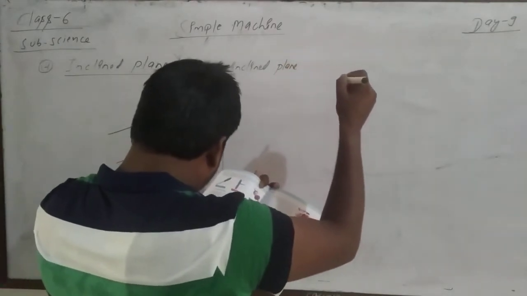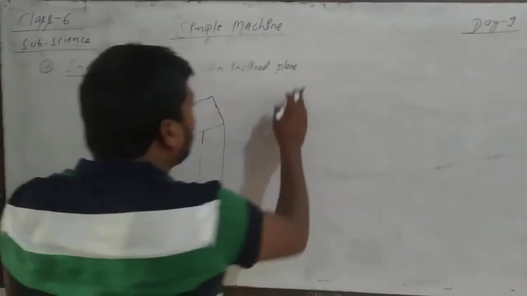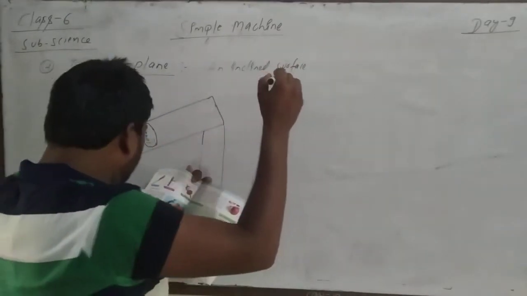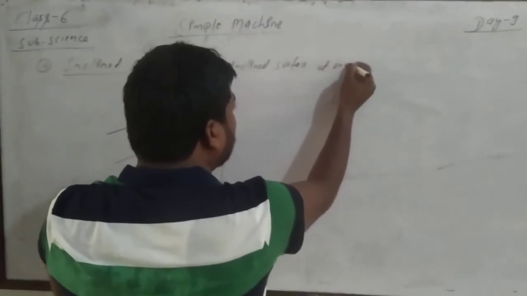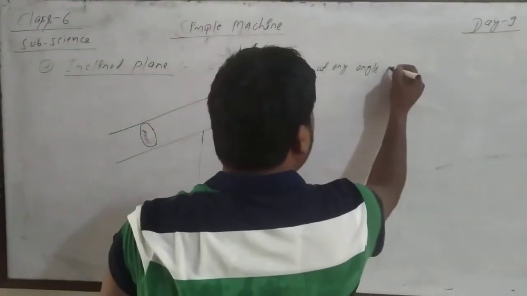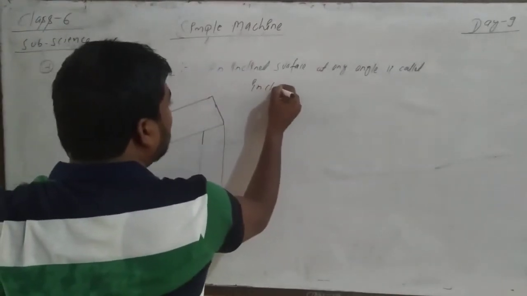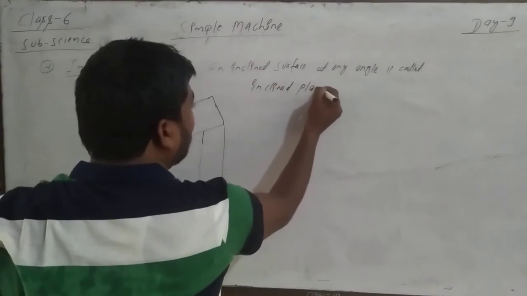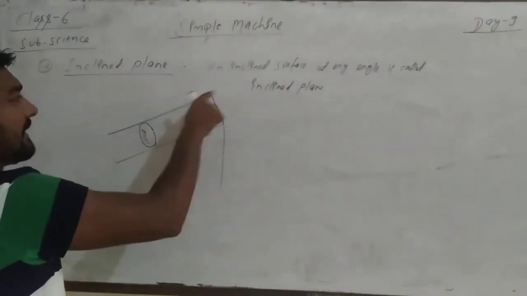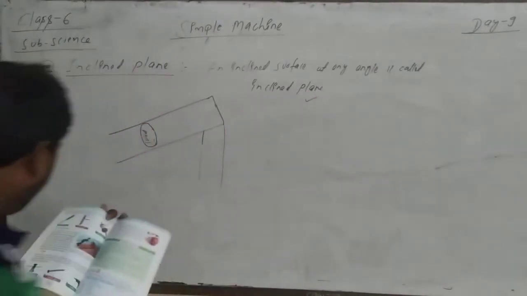I can say that an inclined surface at any angle is called an inclined plane. And inclined surface means slanted. Okay, an inclined surface at any angle is called an inclined plane.